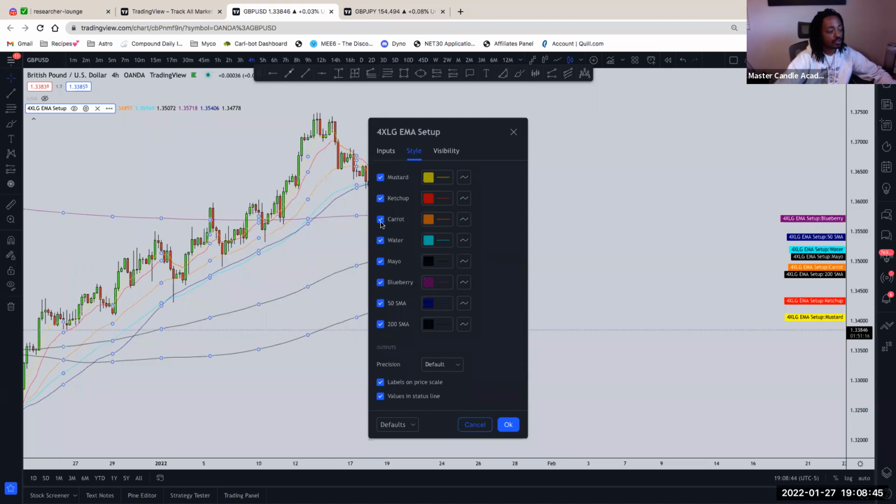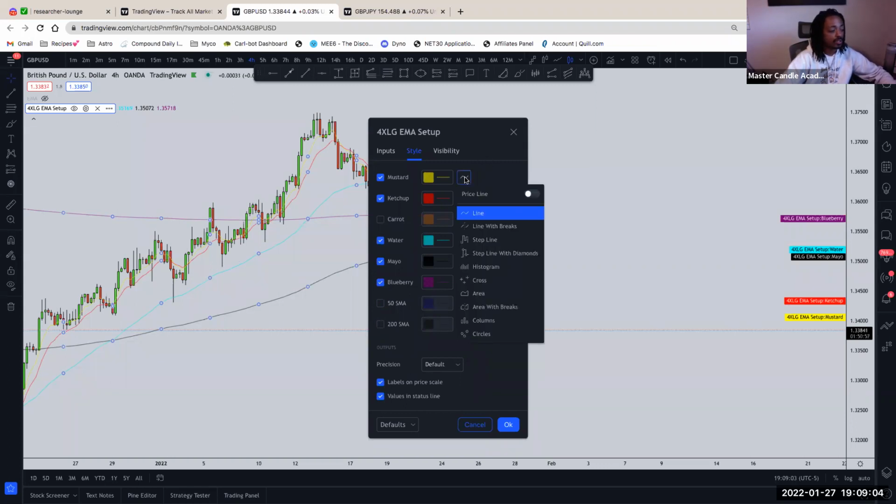Right? So you're going to unclick carrot. But I still encourage you to eat your vegetables. But we don't use carrots when we're talking about the 4XLG. Go ahead and unclick the 50 and the 200 SMA. We don't need those either. It's not necessary.